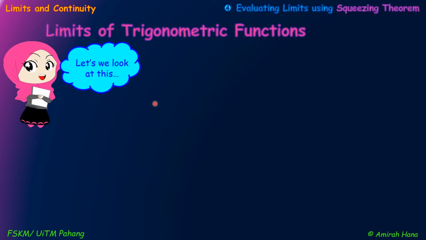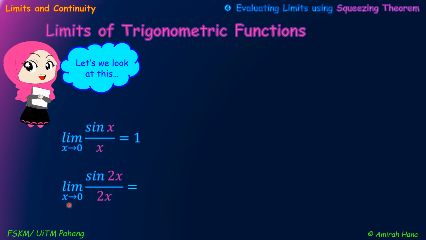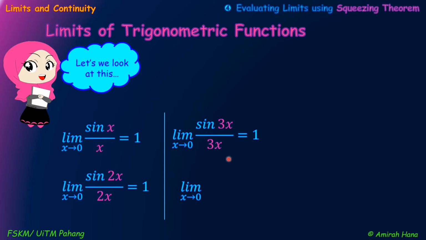Alright, now let's look at this again. Limit as x approaches 0 of sin x over x equals 1. Limit as x approaches 0 of sin 2x over 2x equals 1. Limit as x approaches 0 of sin 3x over 3x equals 1.